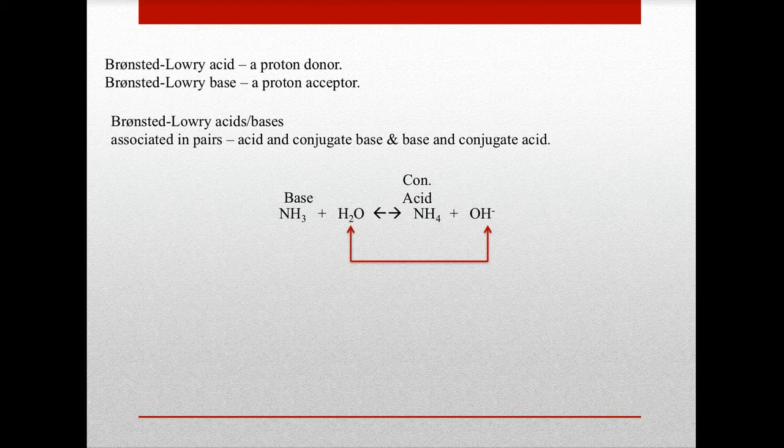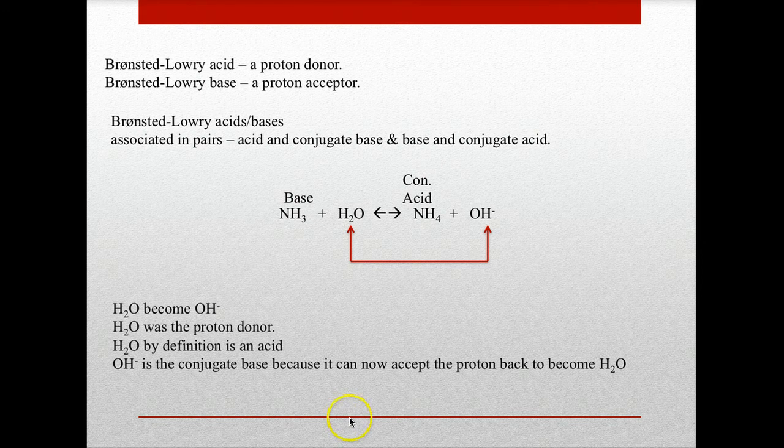Well, it has to lose a proton. Okay, so we have to lose one of the H's here. It has to donate it somewhere to just have one H. So by definition, it's a proton donor. So water here is the acid. Okay, and OH is going to be its conjugate base.